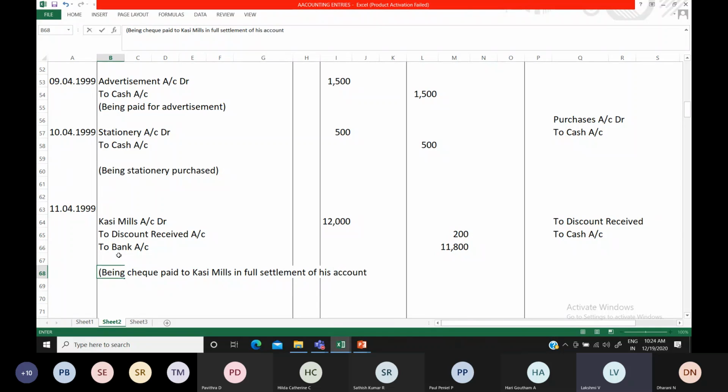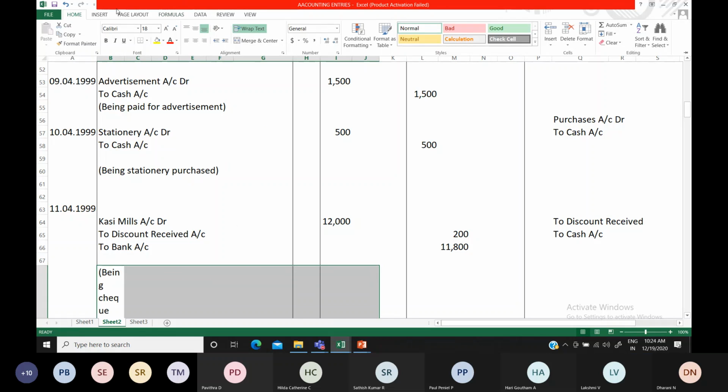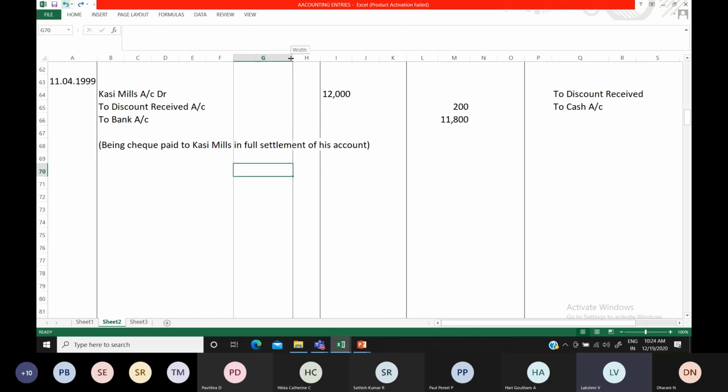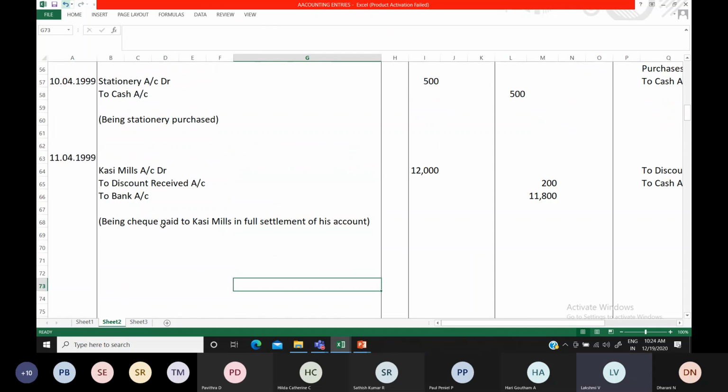Okay, so just you can accordingly give. And this will be our entry for that particular transaction on the 11th.